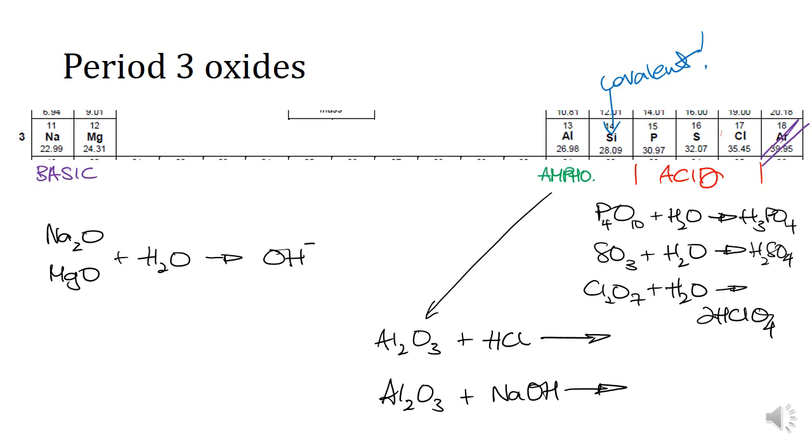There's a particular name for that acid that is completely escaping me, but you need to know how to construct these equations. So P4O10 and Cl2O7, you might need to actually remember those formulae.